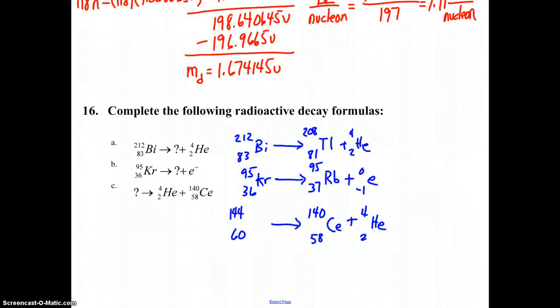We go up and find, using a periodic table or other chart, what has an atomic number of 60, and we see that it's Nd, which is neodymium. All right, and that'll do it for the solutions to 14 and 16. More to come in class.